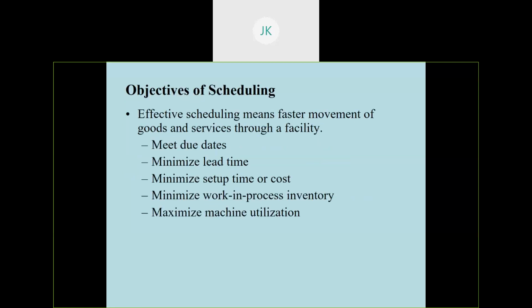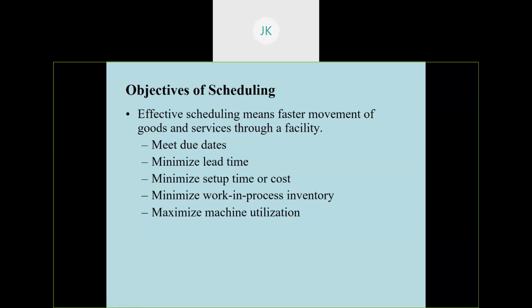Objectives of scheduling. Meet due date. If we have a due date 10 days later, and the job needs 5 days, then we should start 5 days earlier than the due date. And lead time. Lead time is the time between order and receipt.